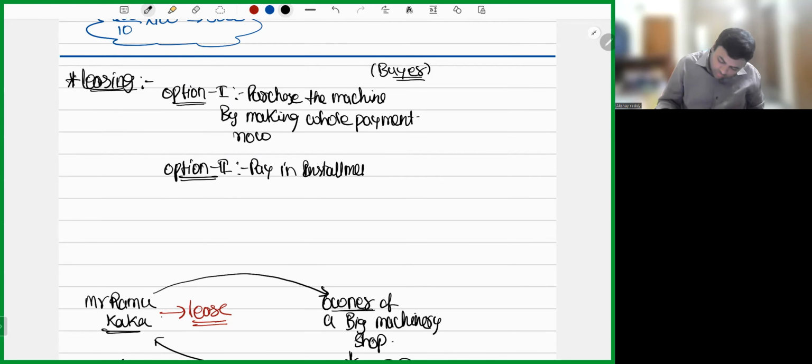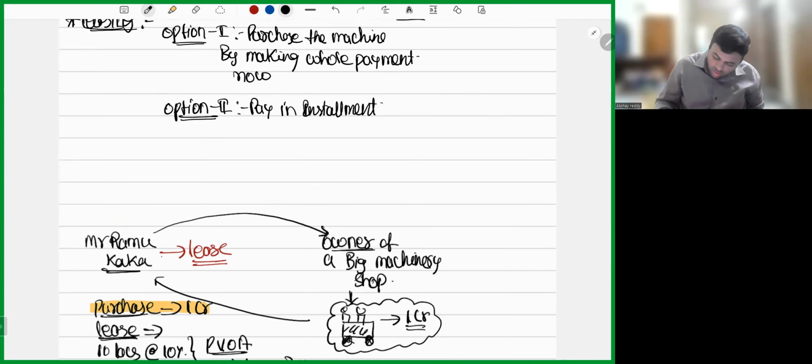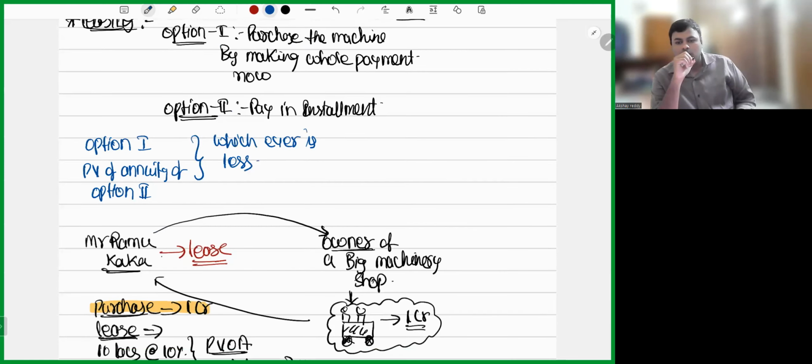Now what we will do, we will take option 1 and compare it with the present value of annuity of option 2. Whichever is less, we will go ahead and accept it.